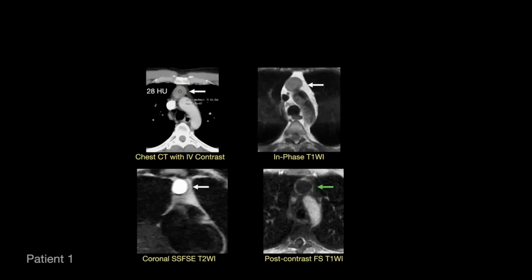Here's patient number one. The lesion measured 28 Hounsfield units on CT, and we can see that it is T1 hyperintense to the chest wall musculature, T2 hyperintense, and shows no internal enhancement, just some thin, smooth wall enhancement. Notice we cannot appreciate these features on the CT. So this is a thin wall, benign unilocular thymic cyst.